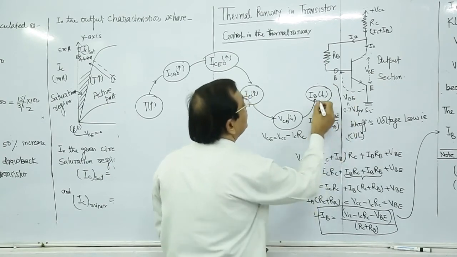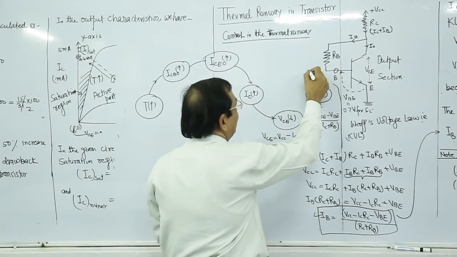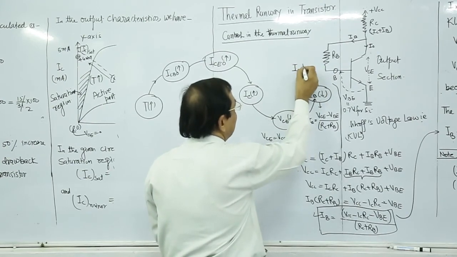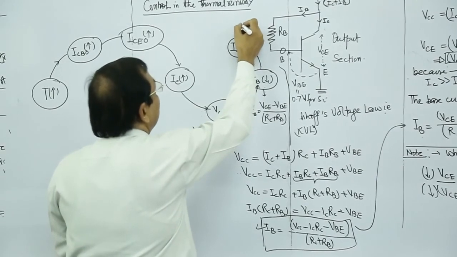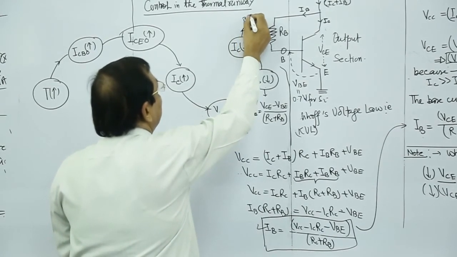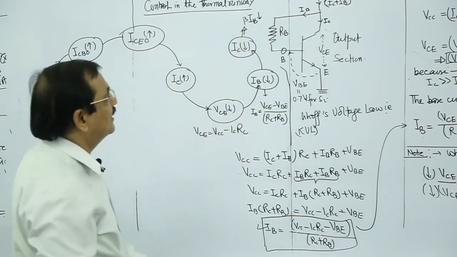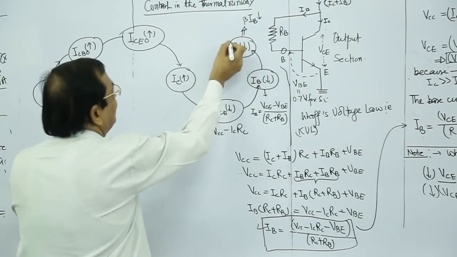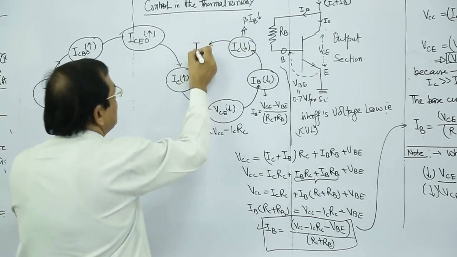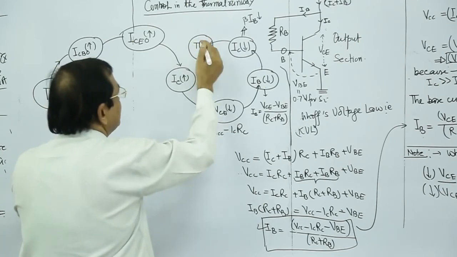If IB decreases, then IC will decrease, because of beta times IB. And IB decreasing means the temperature will decrease.